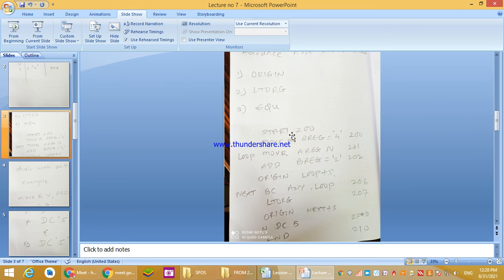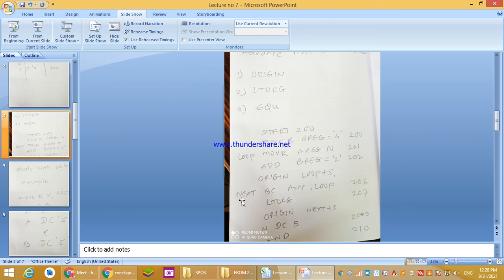This is the loop, and it is increasing the value of loop by 5. Origin is telling about the expression. Keep in mind, when origin comes, immediately after it an expression comes. Okay. Remember the information about the origin directive like this.